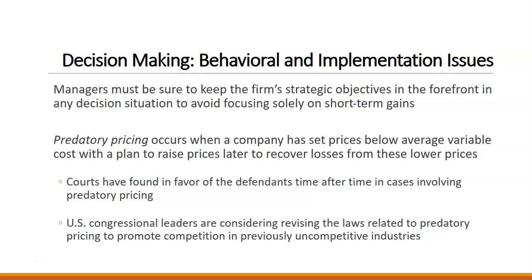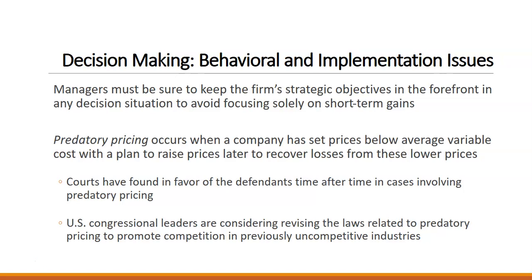Predatory pricing is when a company sets the prices below average cost with a plan to raise prices later to recover losses. So courts often find in favor of the defendants time after time in cases involving predatory pricing. And US congressional leaders are looking at revising laws related to predatory pricing to promote competition in previously uncompetitive industries.